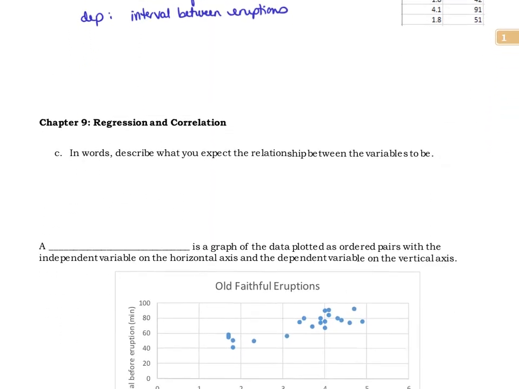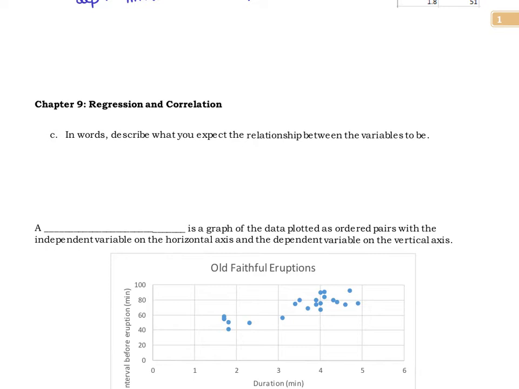All right, so in part C, describe what you expect the relationship between the variables to be. So what do you think is going to happen? If we said, for example, the longer an eruption lasts, in other words, a long duration, what do you think will happen to the time between eruptions?